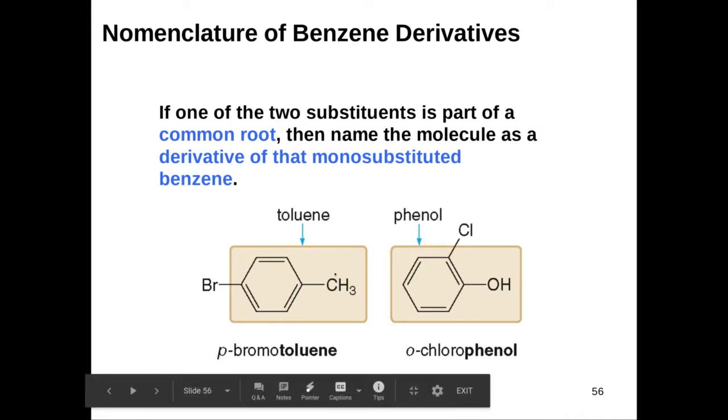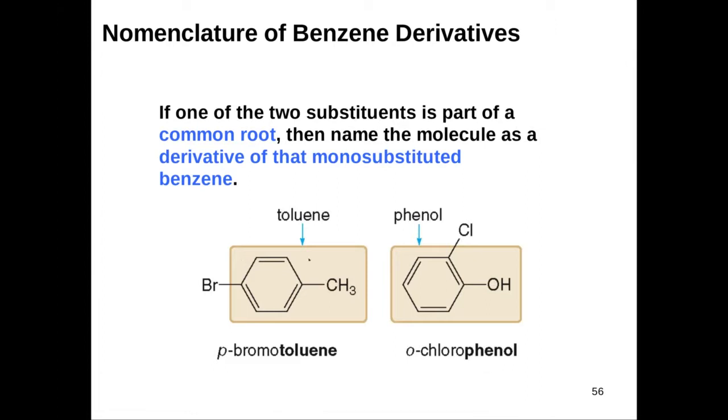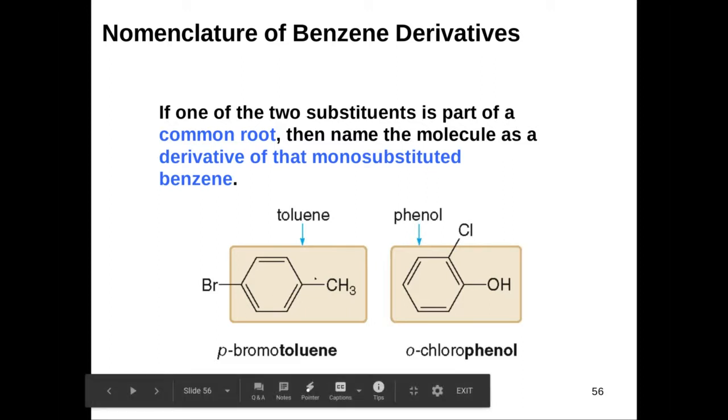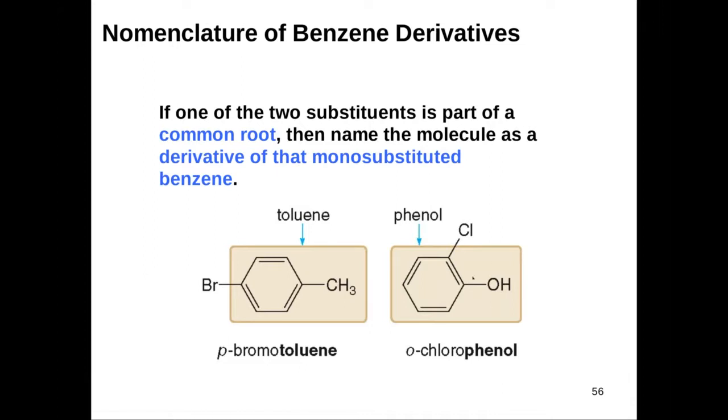I'm not going to ask you to do this, but just as a note, you might see p-bromotoluene or something like that. We have to look at how this relates to that normal substituent group, the methyl group or the hydroxyl group here.